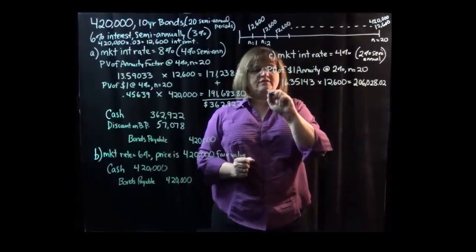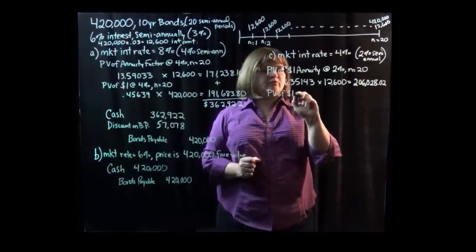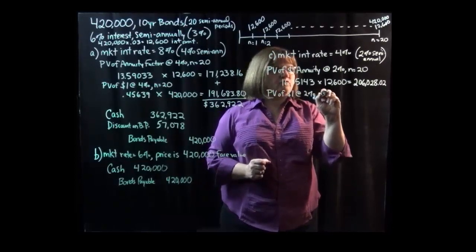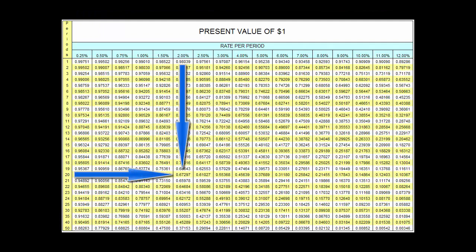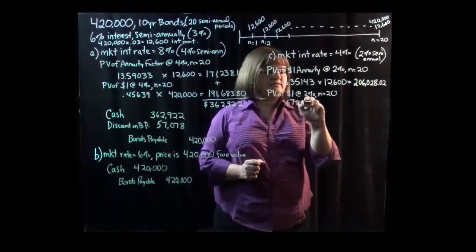We then find the present value of the principal using the present value of a dollar table at 2% and n equals 20. That factor is 0.67297.